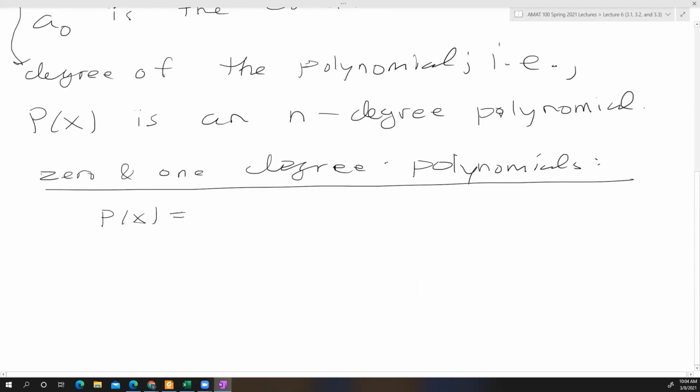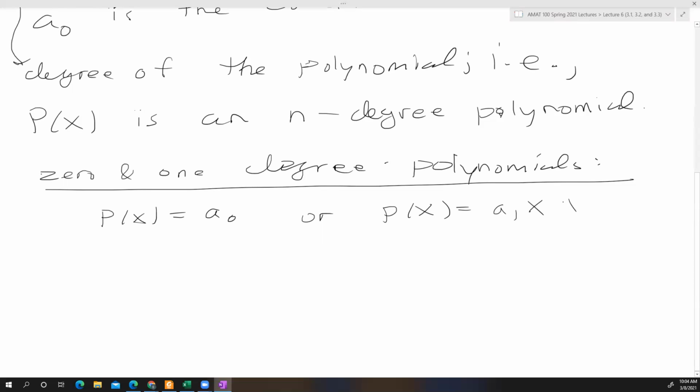If n is 0, the only coefficient we have is a sub 0, so it's just constant. Or if n is 1, a 1-degree polynomial, it's something of the form a1x plus a0. And these are both lines.